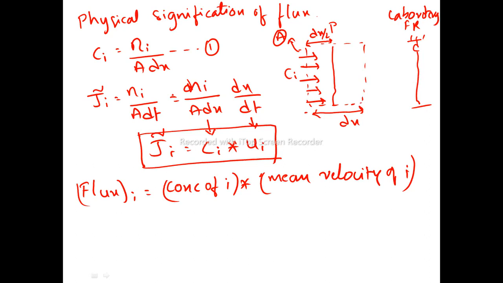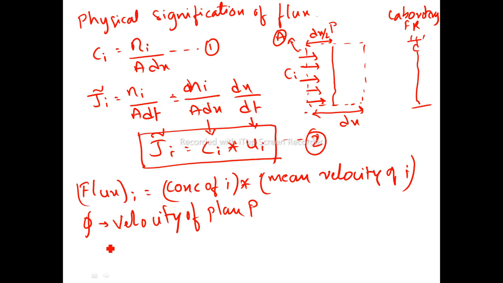For our consideration, we are saying this frame of reference is moving with a velocity of psi, the velocity of the plane P. Then this equation 2 will become Ji tilde equals Ci into Ui minus psi.